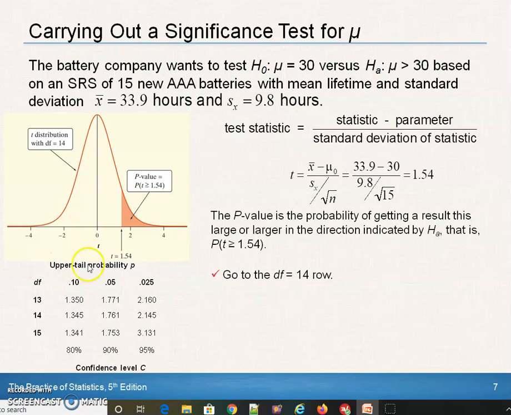Well, there's another table in there for the upper tail probability. Degrees of freedom. Since we've got 15, we count down by 14. Try to find 1.54 in the middle here. So we know it's between 0.1 and 0.05.